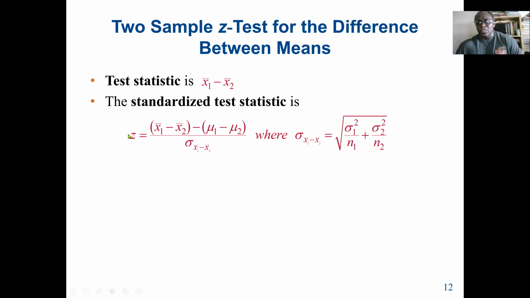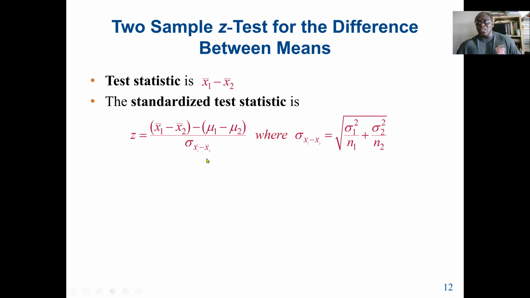In the previous case, if it was only one sample, remember it was x̄ minus μ over the standard error. Now it's the same thing, but here we have two samples, two populations. So the difference of the two sample means minus the difference of the two population means, over the standard error.